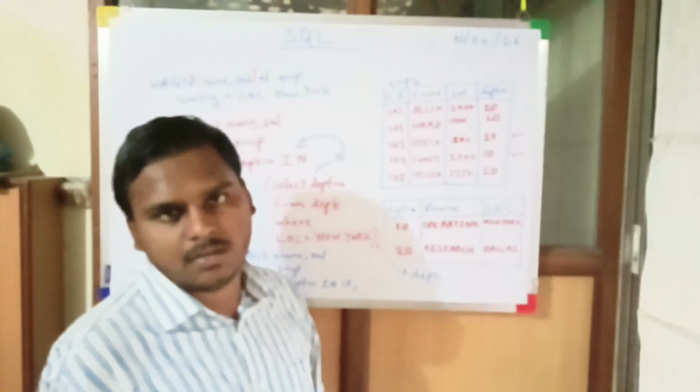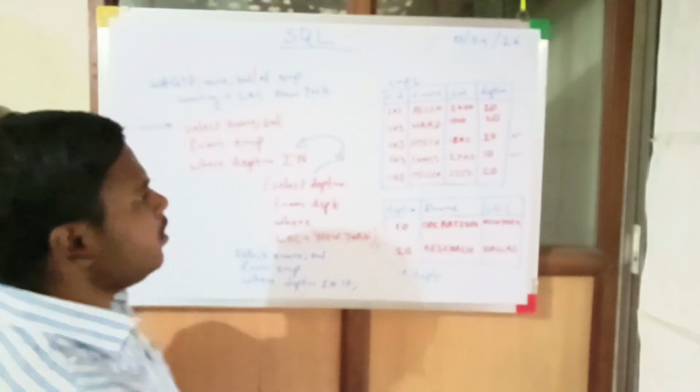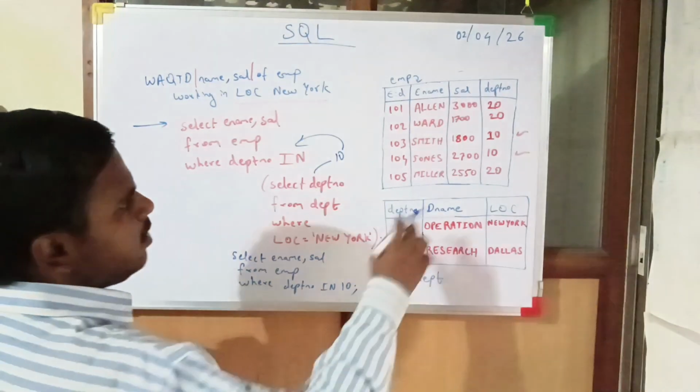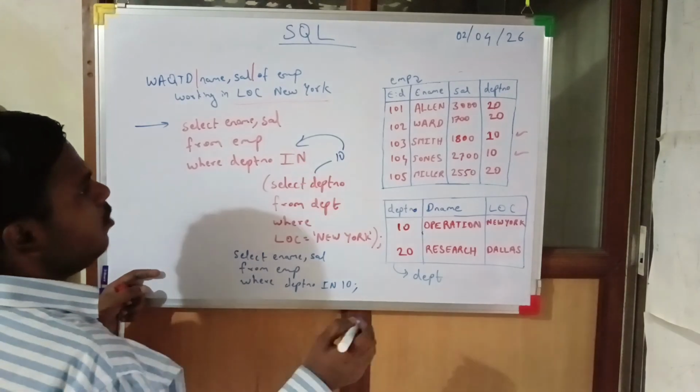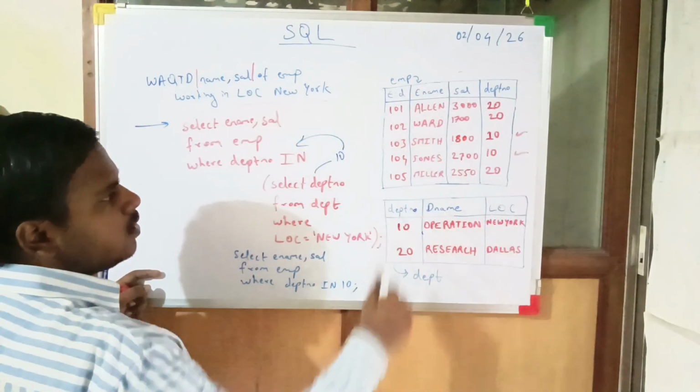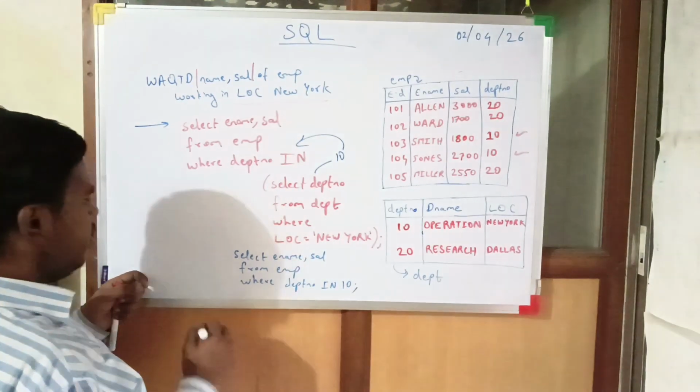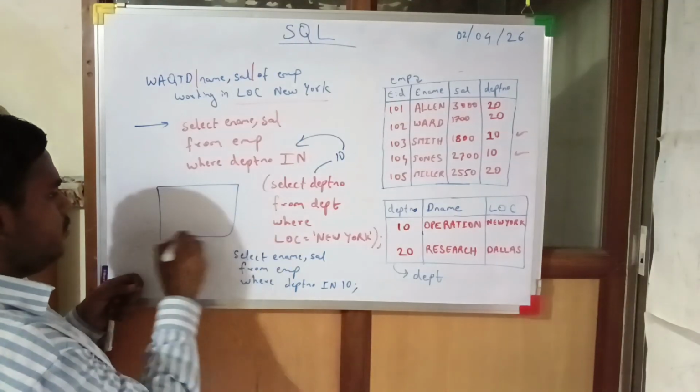This is how it's working. Now department number 10, name and salary, whatever the output will come. What is the output? Output will be Smith, Jones. So our final output will look like this.